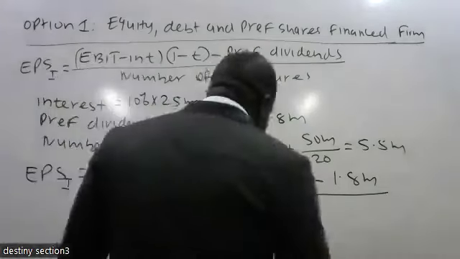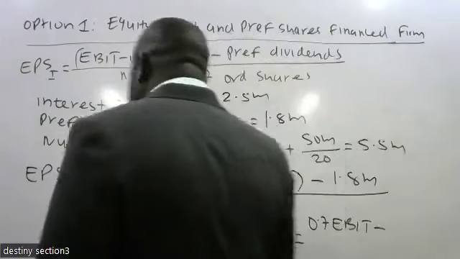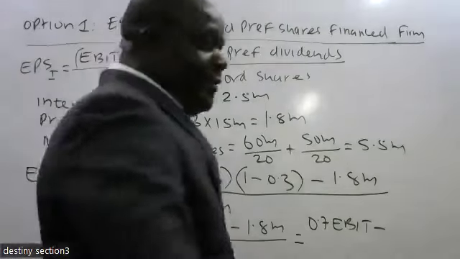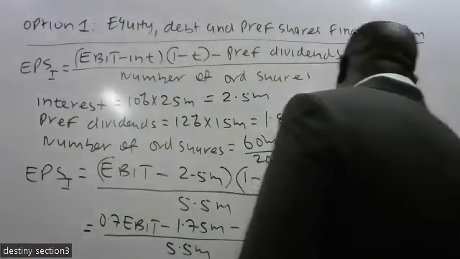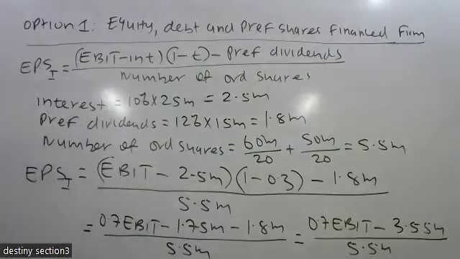So finally, it should be here: minus 1.75 minus 1.8, 3.55, divided by 5.5. That equation, we leave it like that. We now analyze the equation.